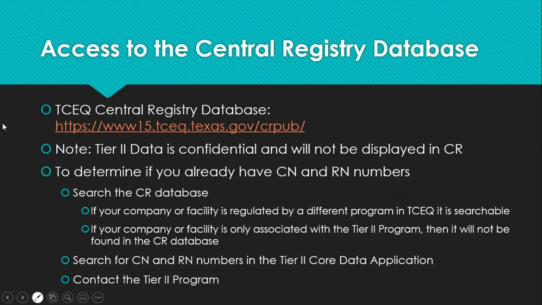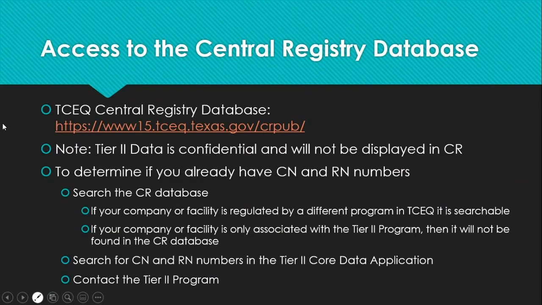So if you have questions about what your CN is or your RNs, say you believe you already have them, but you didn't keep a record of what those numbers are, you can always use the TCEQ Central Registry database. And that allows you to search by company name, site address, and so forth.